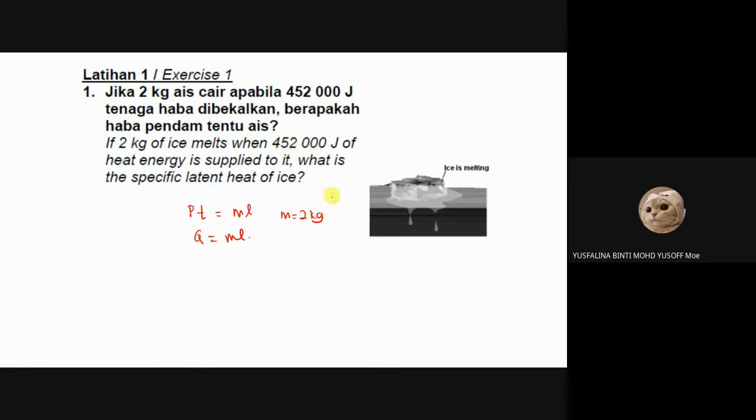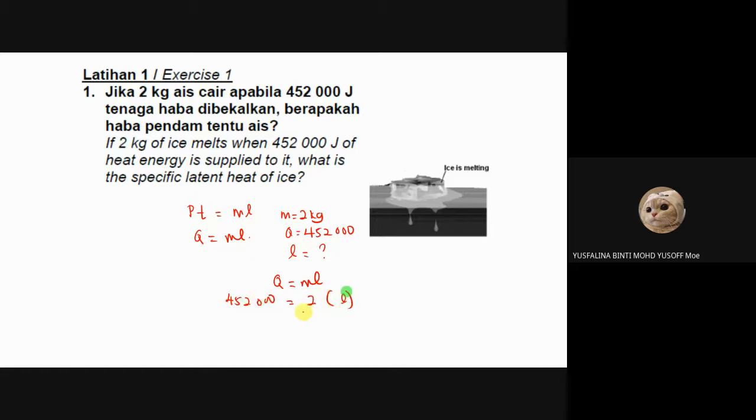452,000. This is the amount, or quantity, of heat. It asks you to find the specific latent heat, the L here. So use the formula Q equals ml. Q is given as 452,000, and the mass is 2.